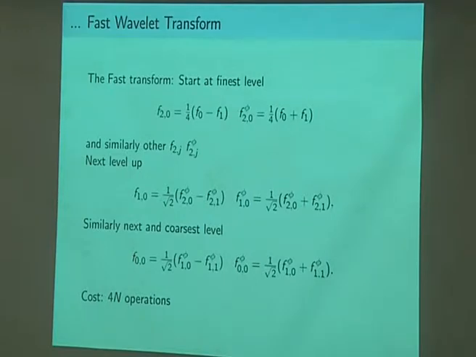Then we go to the next level up, and we can calculate the wavelet component by taking the difference of these two from 0 and 1. And we calculate also the scaling function for this component as being the sum of those two. And then we go all the way up to the top. So all of those duplicated sums get pushed into calculating it once and then using it when you get to the next level. So the cost is a mere 4n operations rather than n log n.